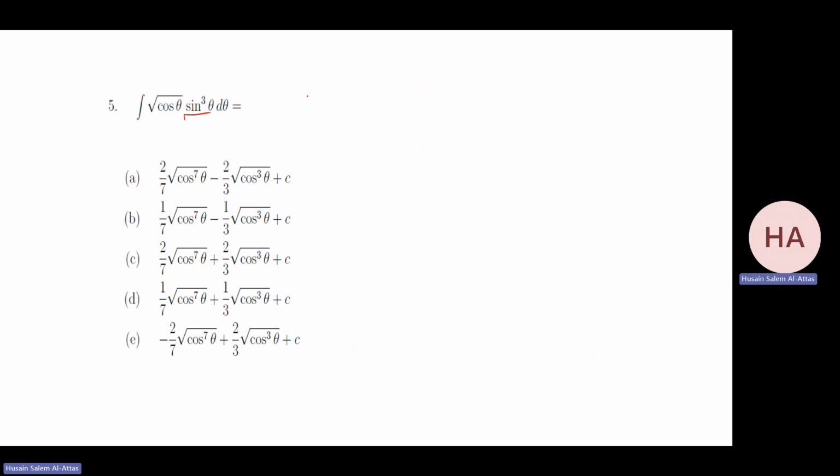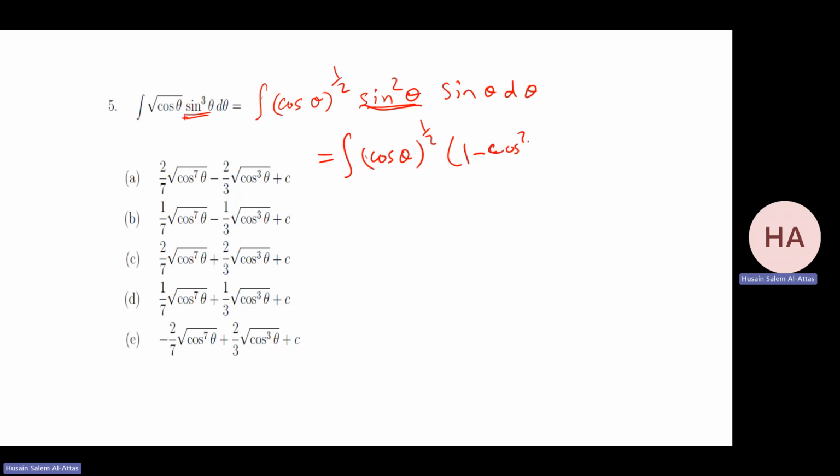I have what? This one, I need to take one sine outside. It's cosine theta to the power half, sine square, sine theta d theta. I need this to be in terms of cosine. So I have cosine theta to the power half, that will be what? 1 minus cosine square theta, sine theta d theta.